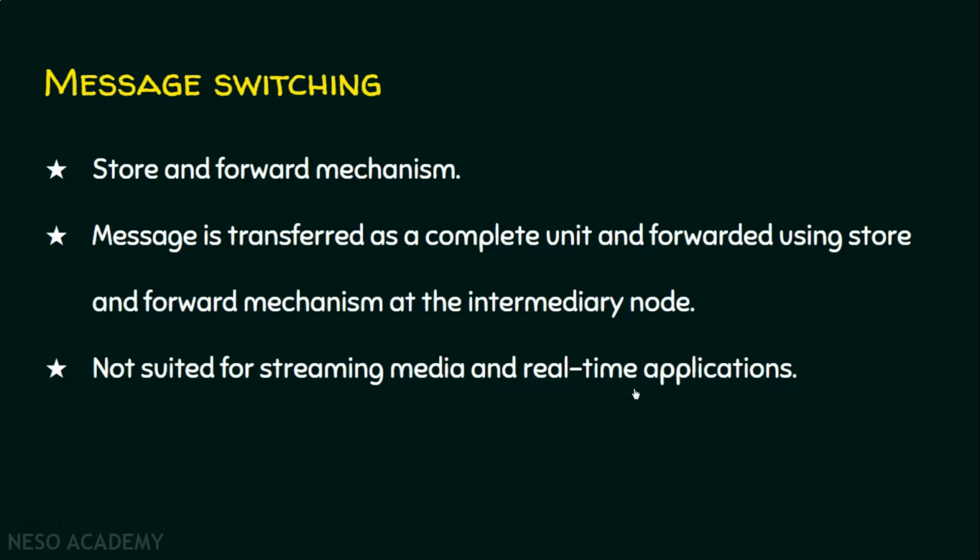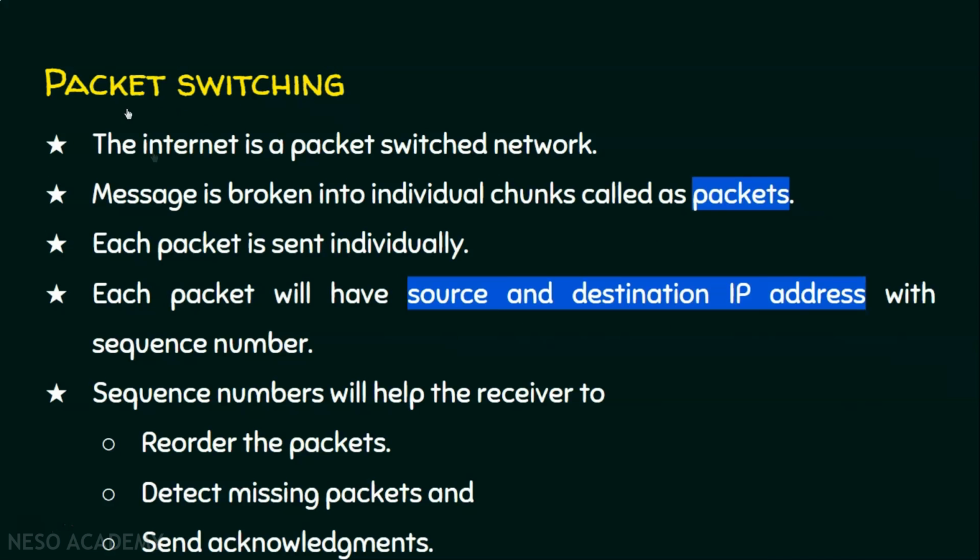Now we will move on to the third switching technique, packet switching. Packet switching. The internet is a packet switched network. Here, the message is broken into individual chunks and each of these chunks is called a packet. This is like our message switching, where the message is broken into individual chunks called packets.